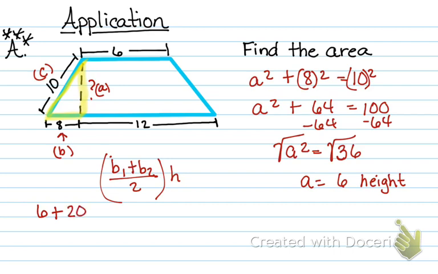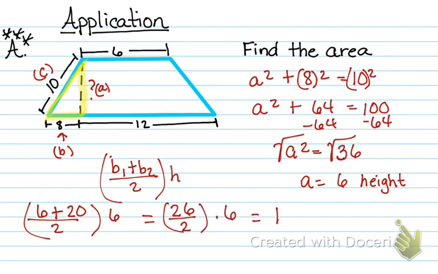So 6 plus 20, divided by 2, and then we multiply it by our height of 6. When we simplify that down, we have 26 divided by 2 times 6, or 13 times 6, which equals 78 units squared, whatever our units may be.